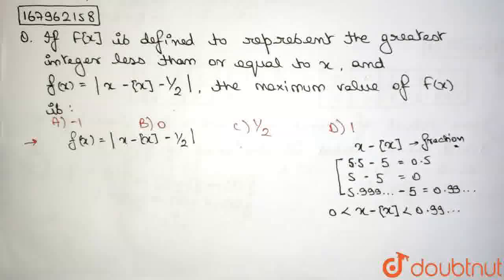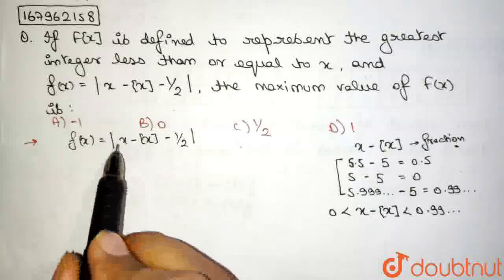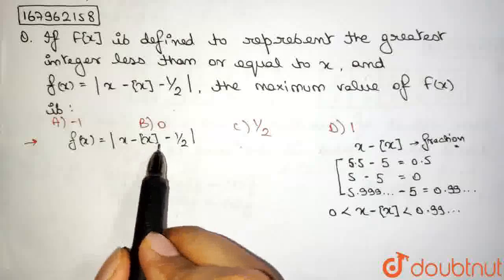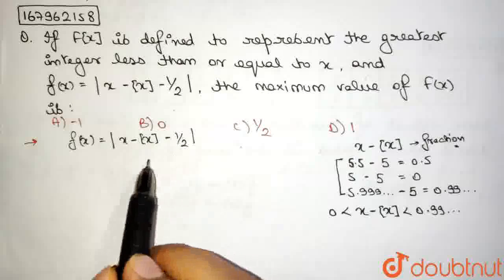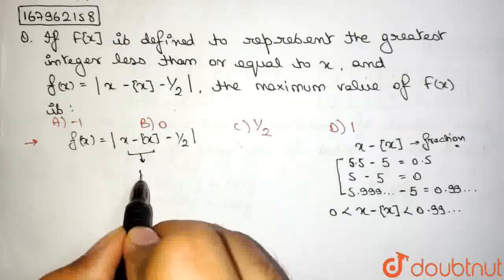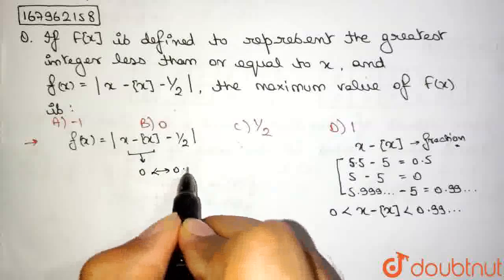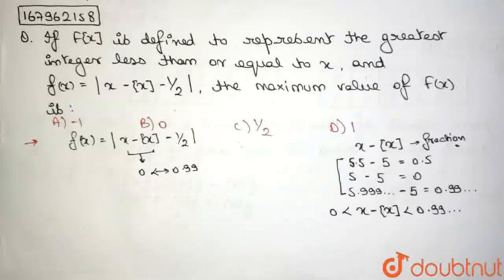This is very important. Now once we have obtained this, we actually know that this f(x), which is equal to mod of x minus GIF of x minus 1 by 2, can actually be 0 and can range up to 0.99. So whenever we have to find maxima or minima, we check at the extremities, right?